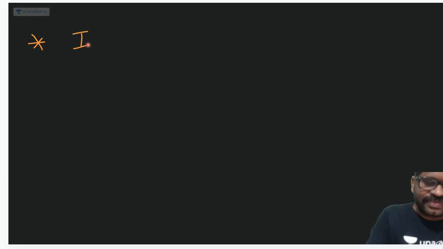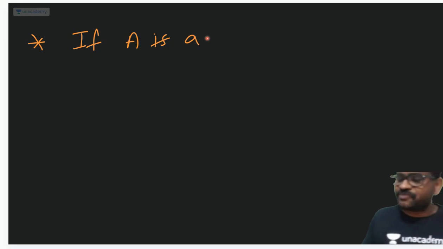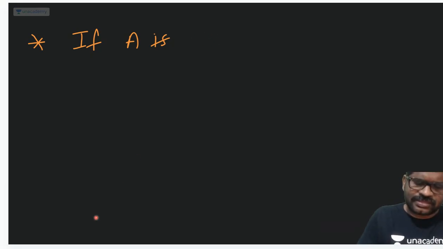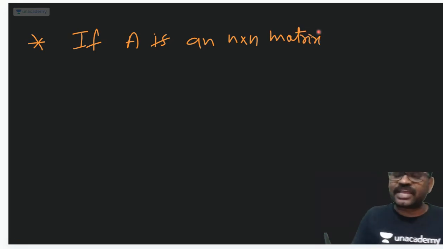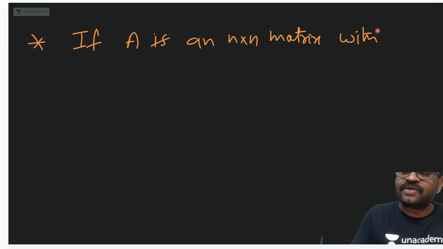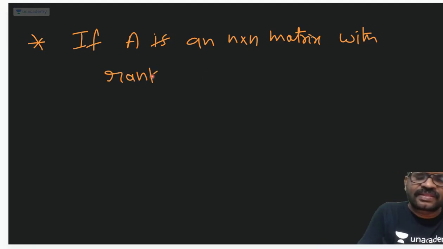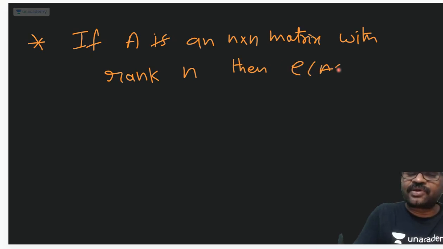If A is a square matrix of order n, or an n cross n matrix, with rank n, then rank of adjoint A is also n.